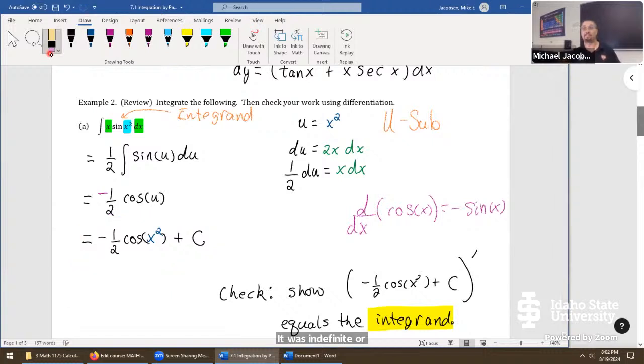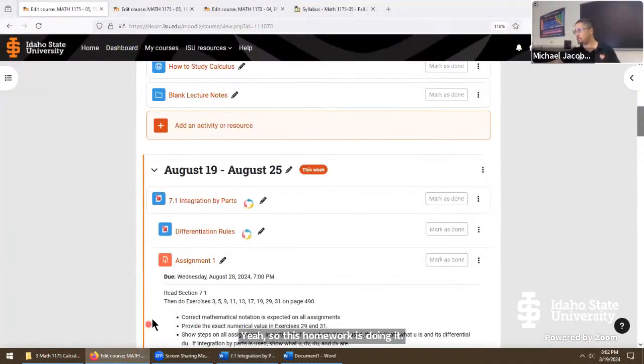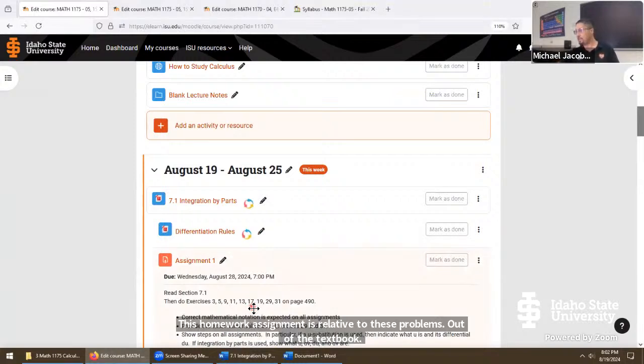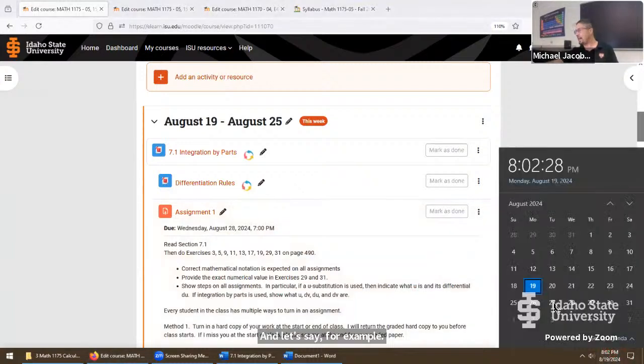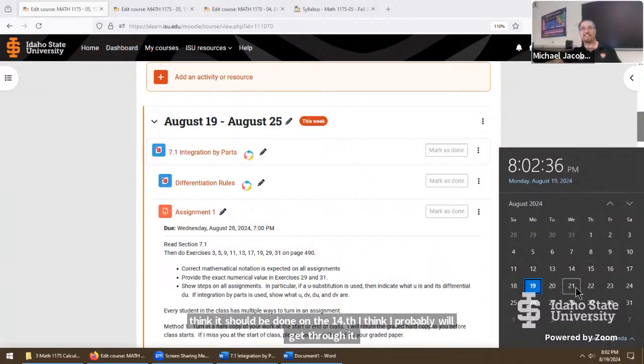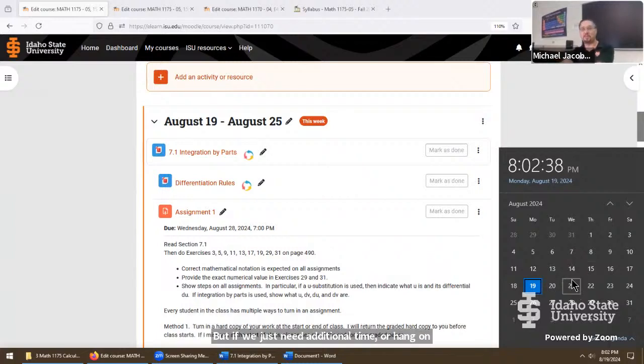Other questions so far? Yeah. So this homework is due on the 20th. Exactly. This homework assignment is relative to these problems out of the textbook. I'll have these posted as well. And let's say, for example, I'm saying it's due on the 28th. What I'm saying implicitly is, I think it should be done on the 14th. I think I probably will get through with it. But if we just need additional time, I think we'll finish it on the 21st.